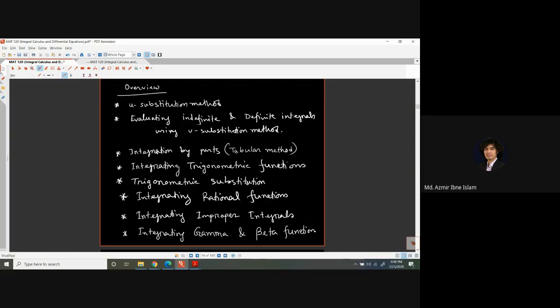Then we have to know integration by parts and, at the same time, the tabular method. Then our focus will be on how to integrate trigonometric functions. Another substitution method is called trigonometric substitution, which will also be discussed here. Then we will discuss integrating rational functions, then improper integrals, and finally the gamma and beta functions. I hope you have understood the contents.